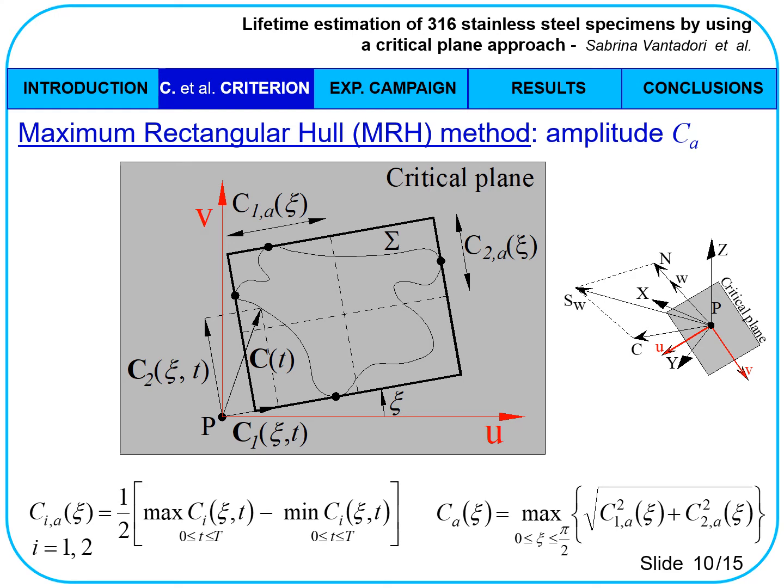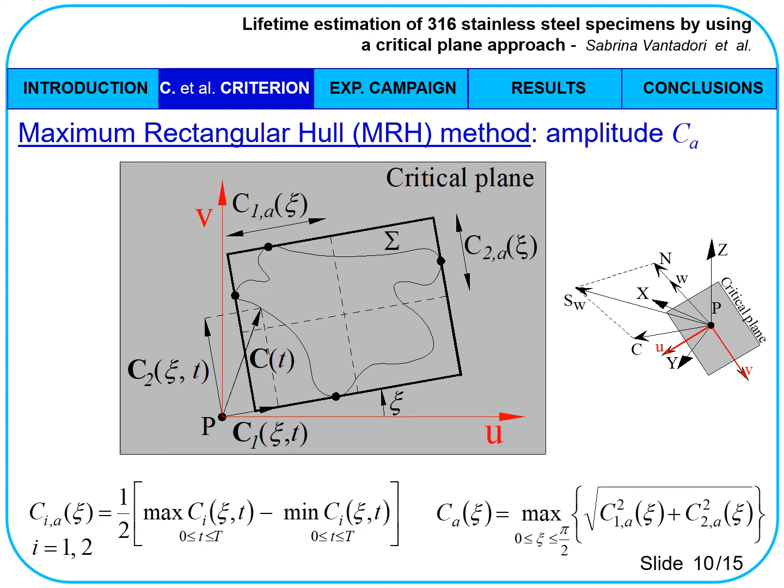The method considers rectangular hulls bounding the closed path sigma. Each rectangular hull is characterized by an orientation xc measured with respect to an arbitrary direction fixed with respect to time. We assume the u direction and by the rectangular side.